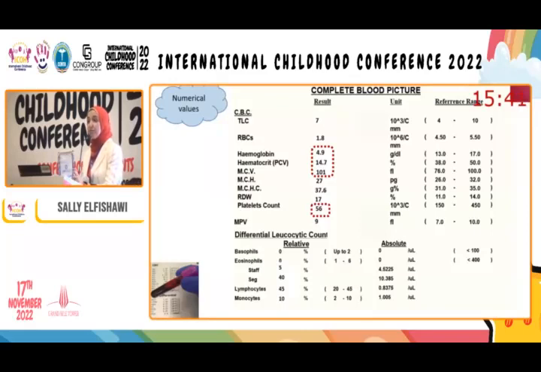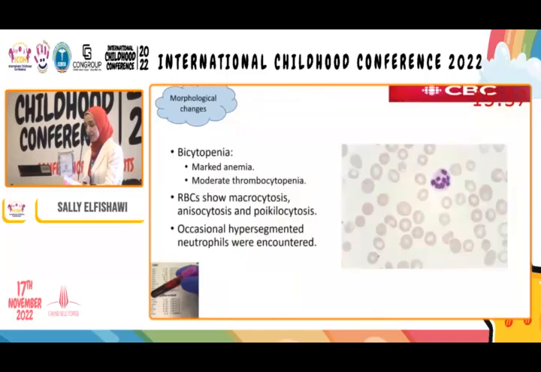Let's have a look at the morphological changes this infant had. We detected bicytopenia, marked anemia, and moderate thrombocytopenia. The RBCs show macrocytosis, anisocytosis, and poikilocytosis, and occasional hypersegmented neutrophils were encountered.